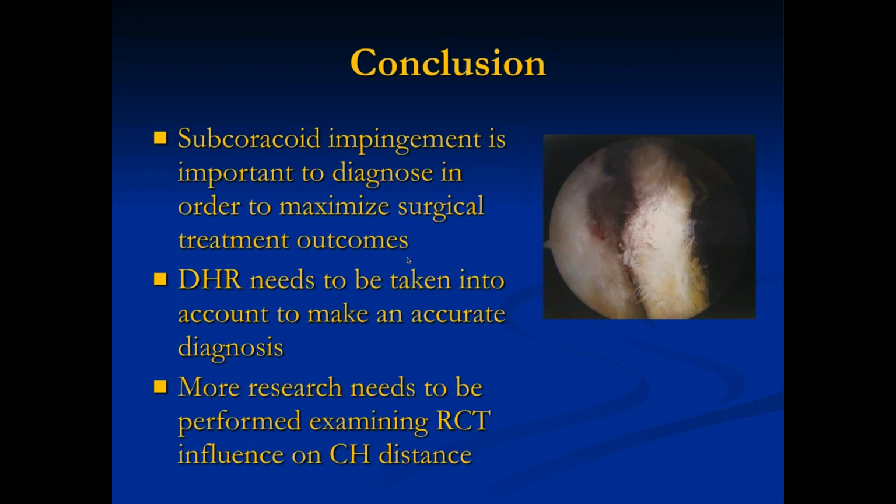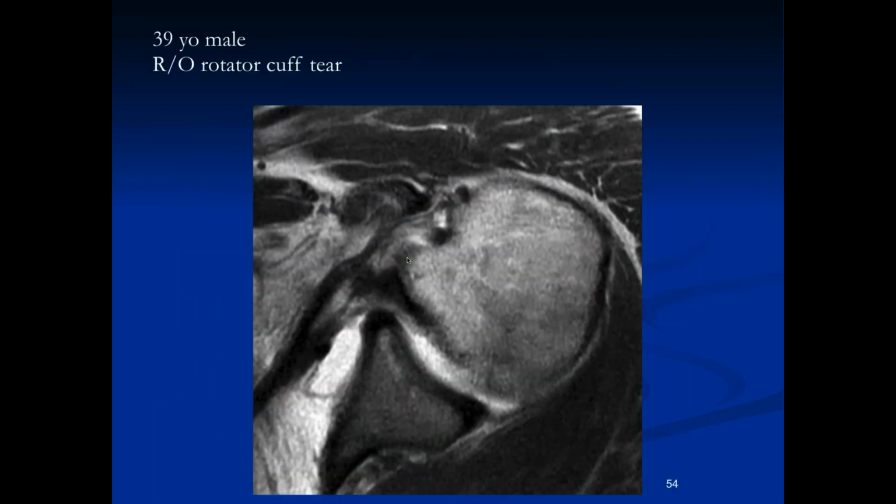If you just put people in the scanner, we typically ask them to be externally rotated, but a lot of patients who have real pathology in their shoulder have a lot of pain in external rotation, so you have to actually scan them in neutral or internal rotation. Therefore, you have to take that into account when you do the measurement. That's 7 millimeters for internal rotation? That 7 millimeters is for a neutral rotation. Yeah.